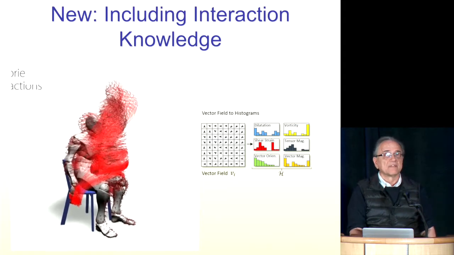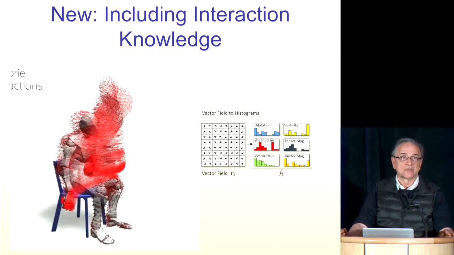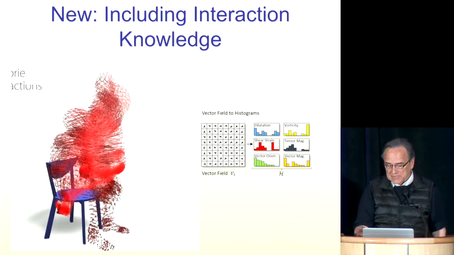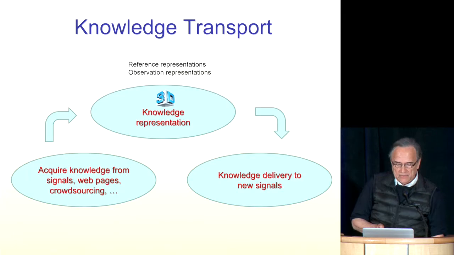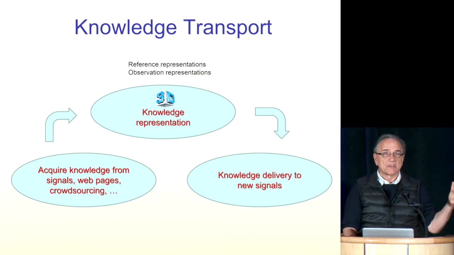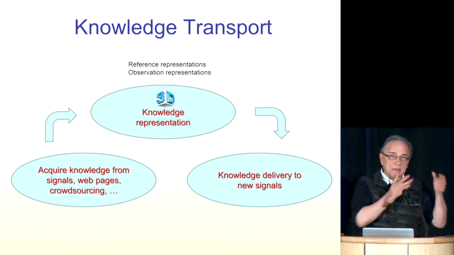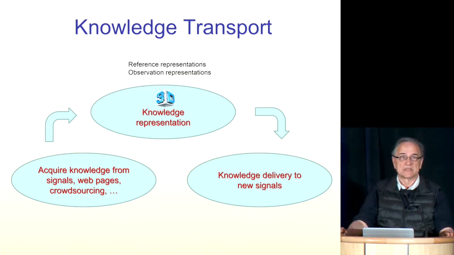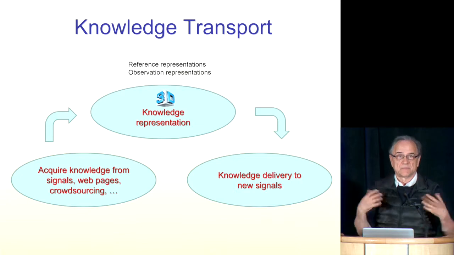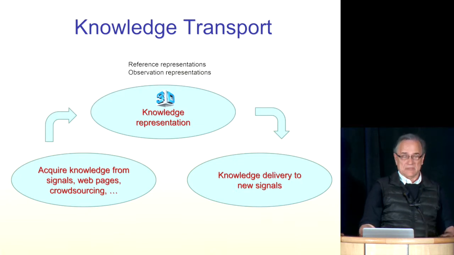Objects have the form they have because they're supposed to support specific functions. And so this is the big picture. From data, I want to pull knowledge, store it on top of 3D representations, and then transfer the same information to new settings to get value.